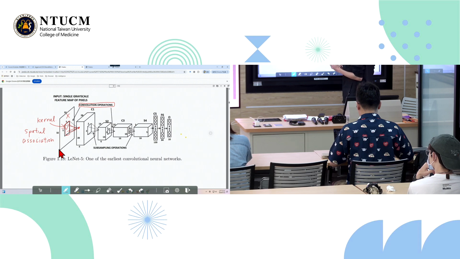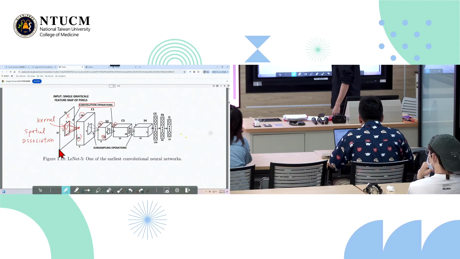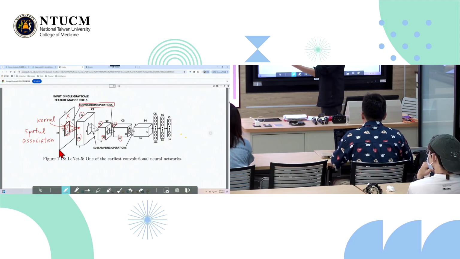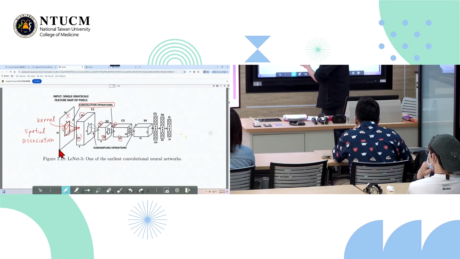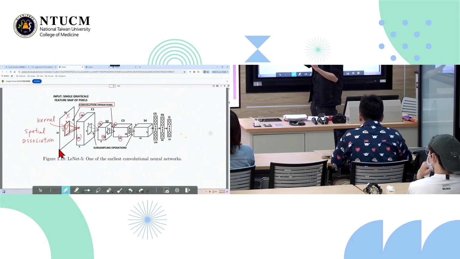You can see the architecture is, at first, equivalently wide. So 32 by 32 goes down to 28 by 28, goes down to 14 by 14, and then 10 by 16. It's becoming more and more narrow, and each time it is taking receptive fields, right? So the kernel is also a receptive field.